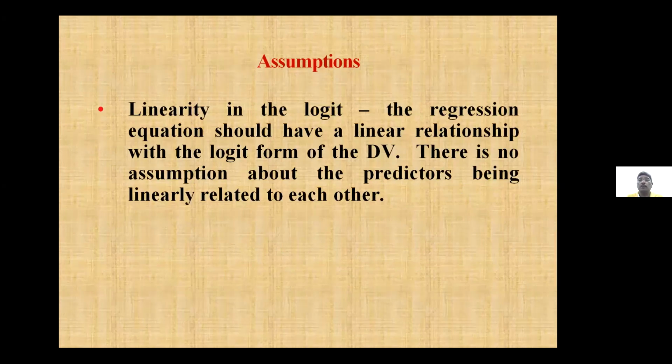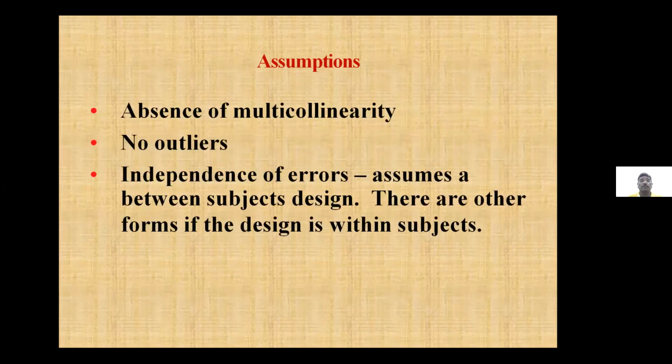Linearity is in the logic. The regression equation should have a linear relationship with the logit form of the dependent variable. There is no assumption about the predictors being linearly related to each other or not. In conventional regression, this linearity assumption prevails, but here there is no need to follow that.